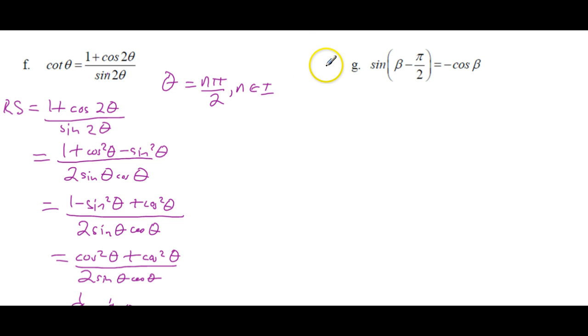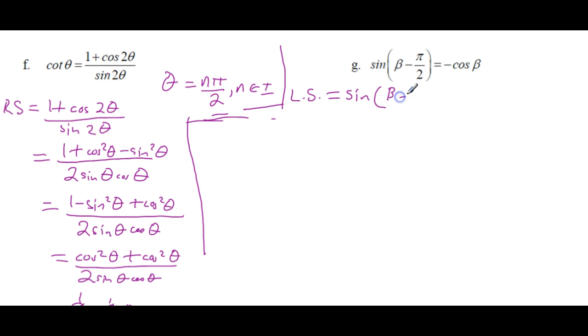Okay, last one. The sine of beta minus pi over 2 is the negative cosine of beta. Well, negative cos beta isn't all that complex. So we're going to start with the left side, which is the sine of beta minus pi over 2.